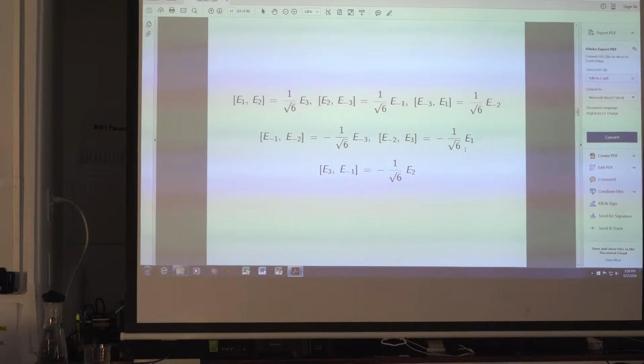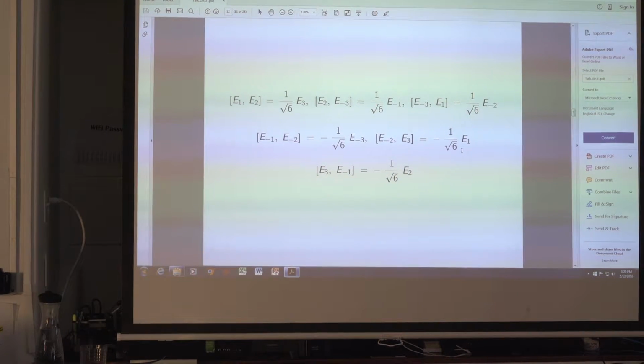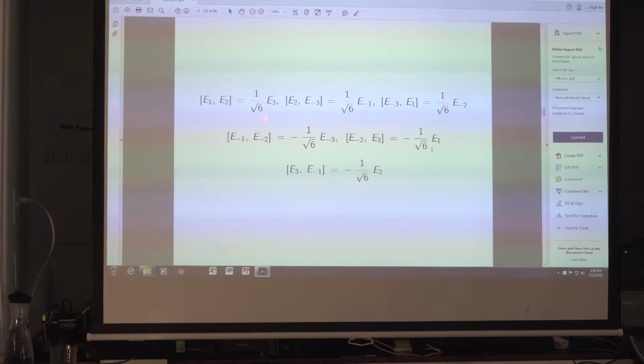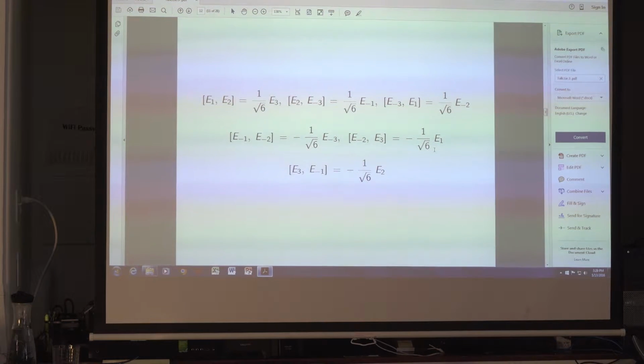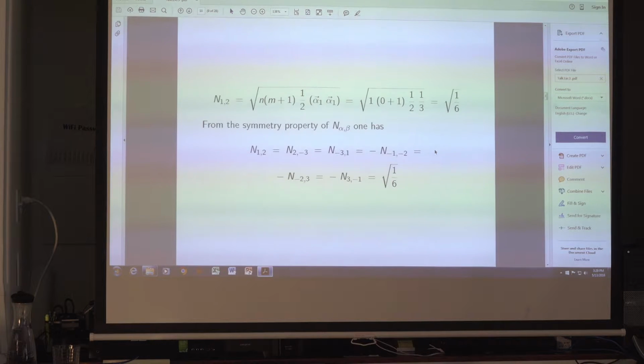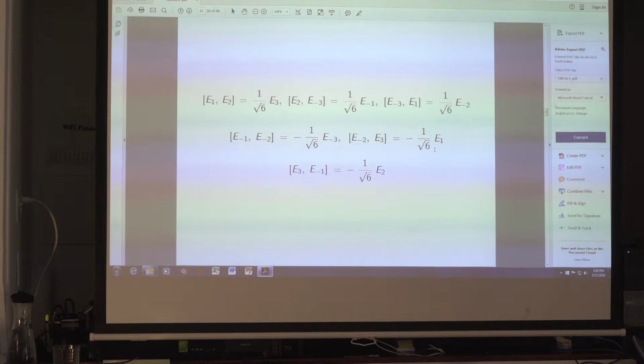Let's keep going on. Now, let's look at the other combinations. The other combinations, of course, this is where the n coefficients come in, remember earlier, those n coefficients? I told you, these n coefficients here. Look at all these values. It will be plus 1 over the square root of 6, or minus 1 over the square root of 6. So this is why, when you plug in these values of the coefficients, you are going to get this square root of 6.